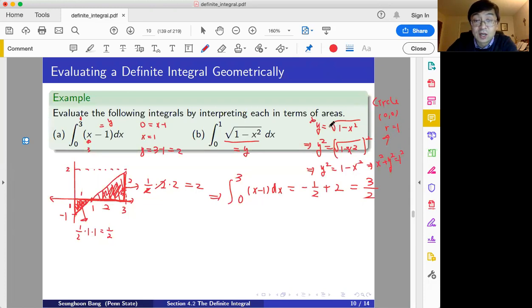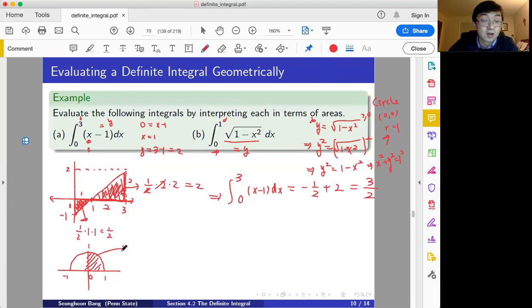The y value is the positive square root of 1 minus x squared, always greater than or equal to 0. Exactly a half circle. What is the lower limit? 0. The upper limit is 1. Exactly a quarter of the circle. This is the idea.